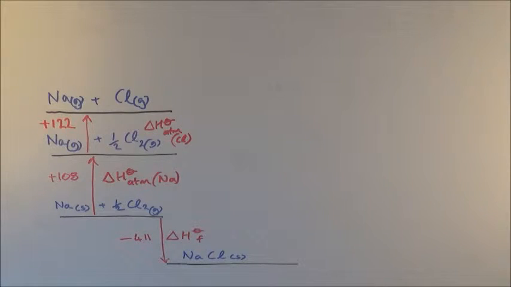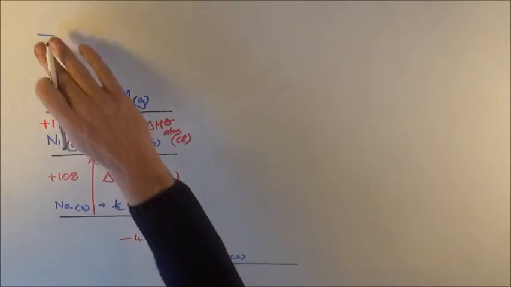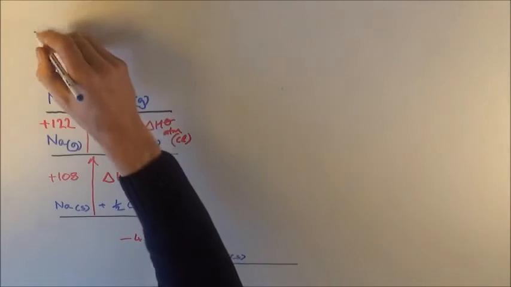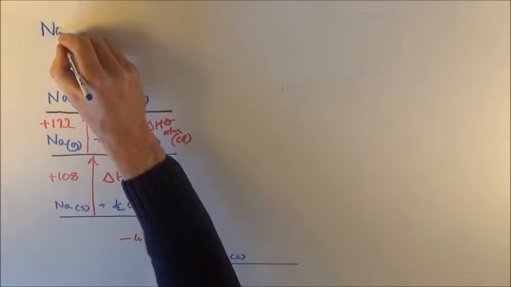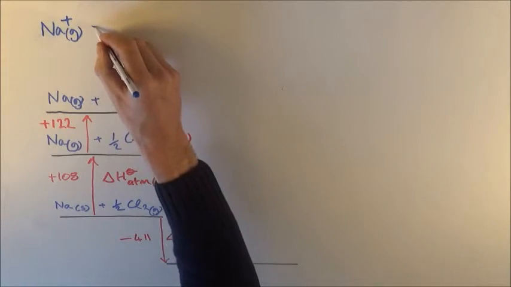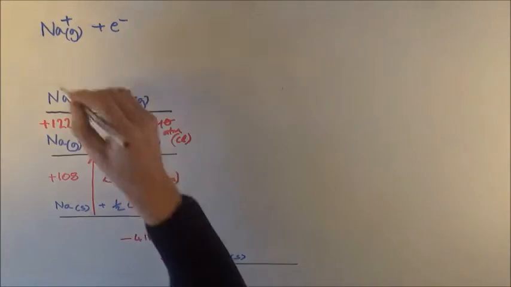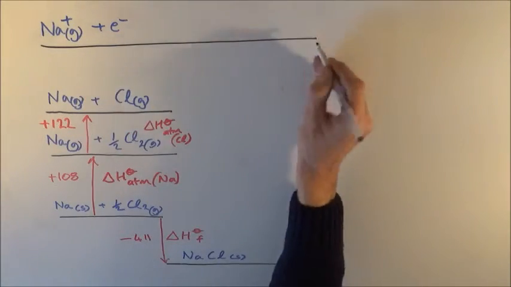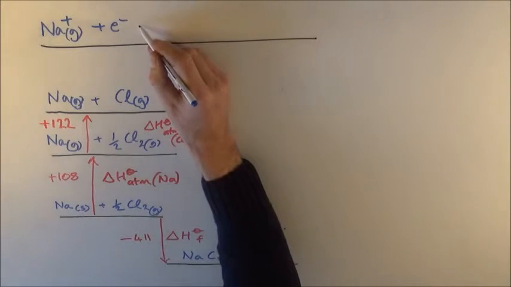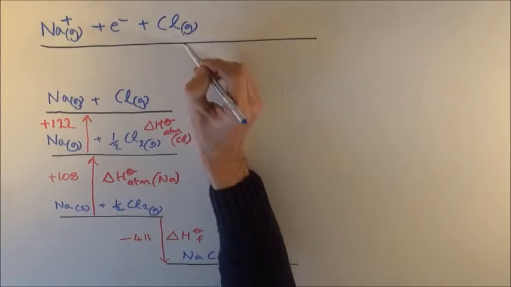And again, going up to the next level, the only thing we're going to change, we're not going to do anything to the chlorine atoms, we're just going to form a sodium ion in the gas state, so that means removing 1 electron. And let's put in the energy level. You'll see why I've made it a bit longer in a moment. But the chlorine, we've not done anything to it, so just write there a gaseous chlorine atom.